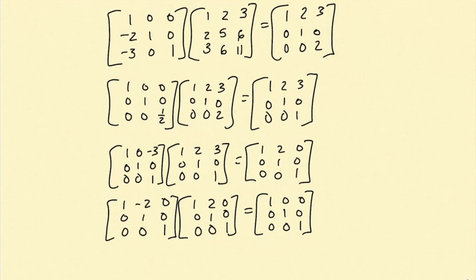Now, to save a little bit of space, we can name these matrices that we use to implement the row operations. I will name them E1, E2, E3, and E4.